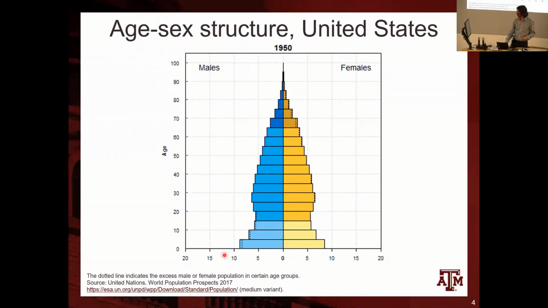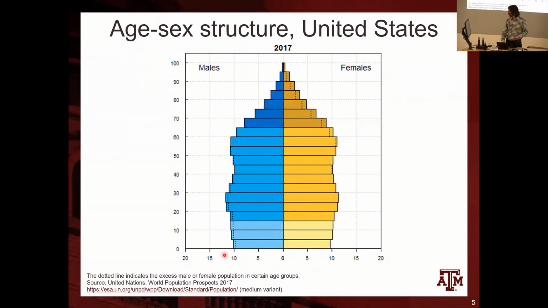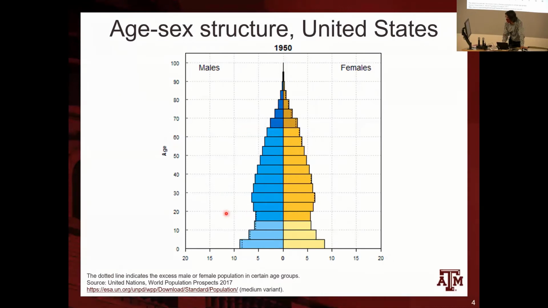Because of fertility decline, you start to see by 2017, for example, that the overall percentage of children is already smaller than what we see in the age groups from 20 to 29, right? What we saw before was the opposite.